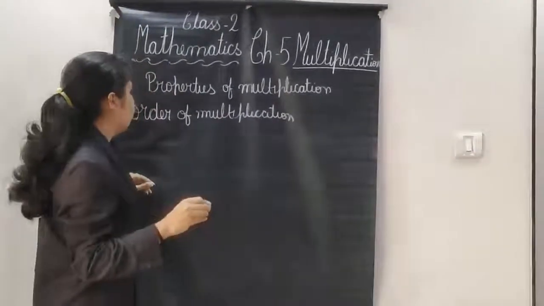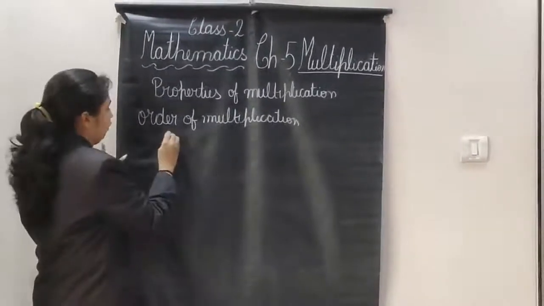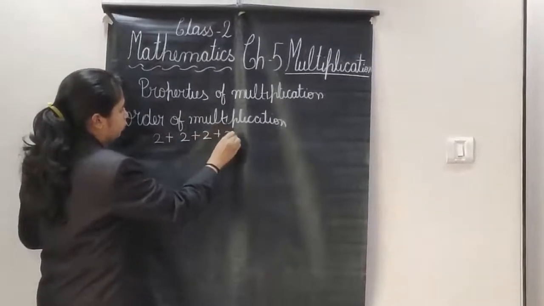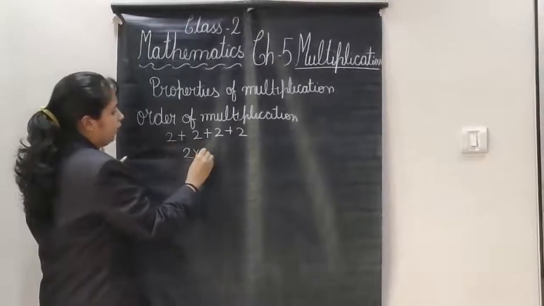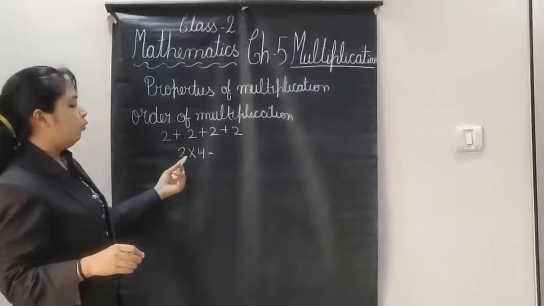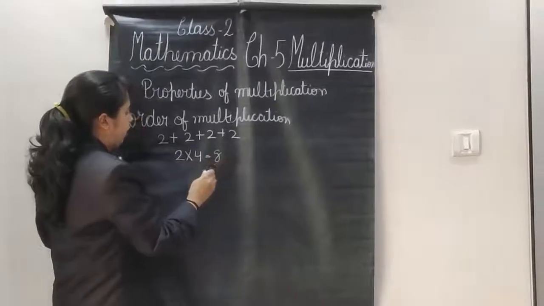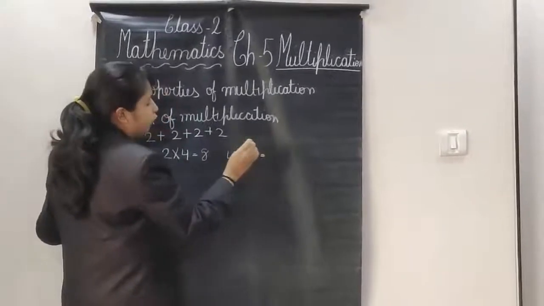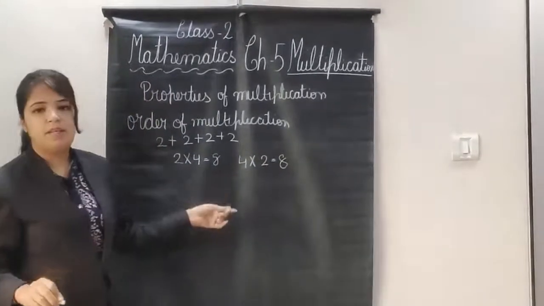As we have learned multiplication from grouping, like 2 plus 2 plus 2 plus 2, how many times is 2 there? 4 times, right? So 2 into 4 is 8. If I do 4 multiplied by 2, 4 ones are 4, 4 twos are 8. Then also my answer will be the same.